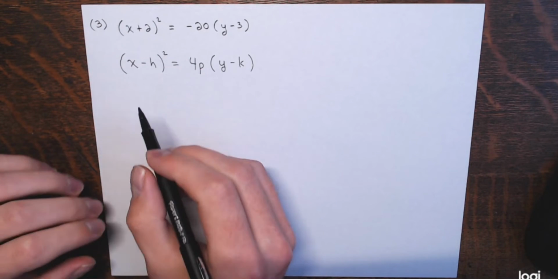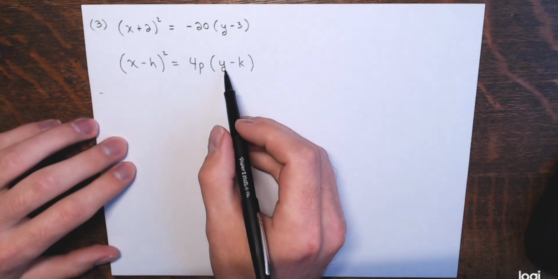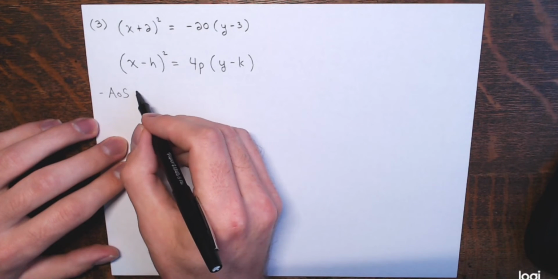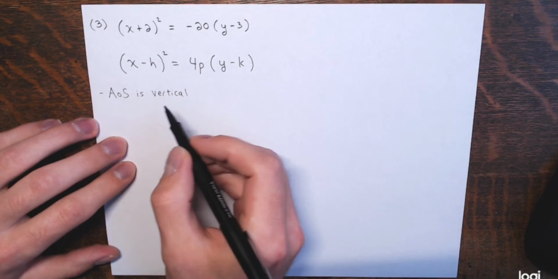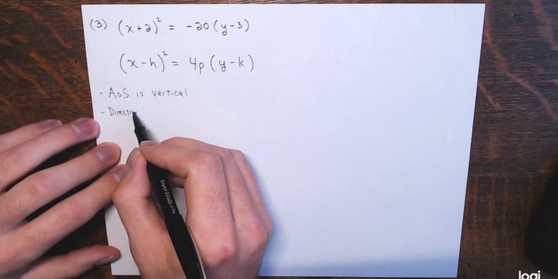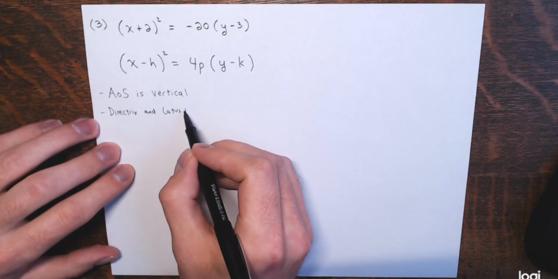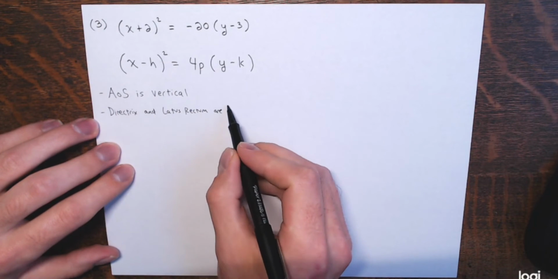Okay, now in this case, when the x is squared and y is not, the axis of symmetry is vertical this time. And if that's the case, that means that the directrix and the latus rectum, when we find those, are going to be horizontal then.